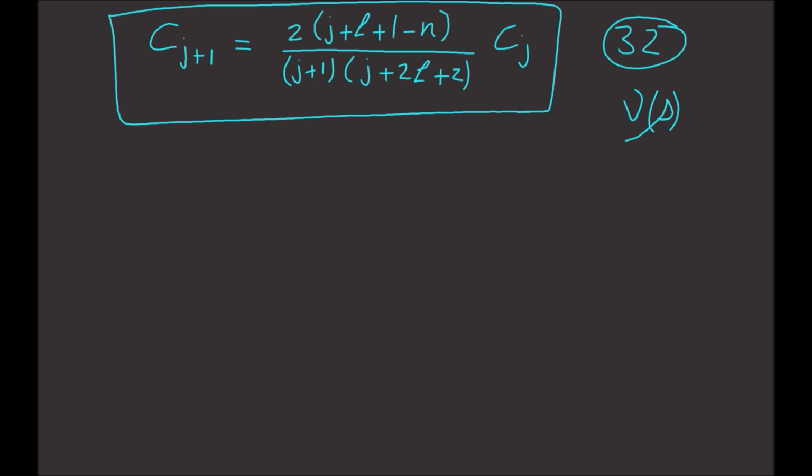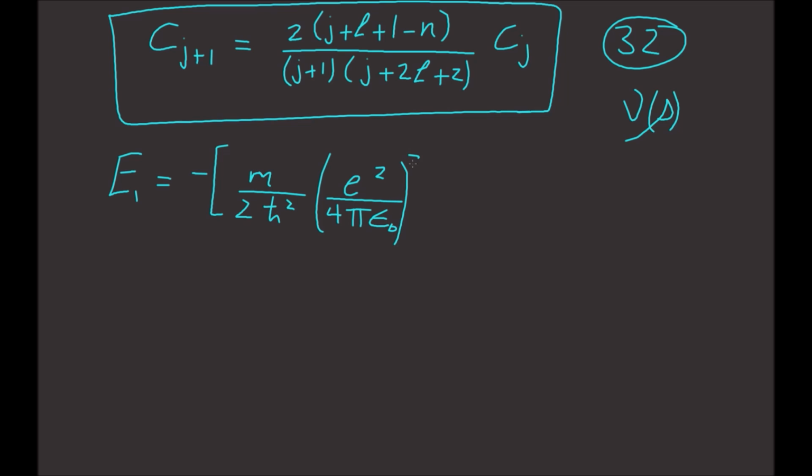But let's go back a minute and give you what E1 is. We defined it as m, the mass of the electron, divided by 2 times Planck's constant squared, times the charge of the electron squared divided by 4 pi epsilon naught, in parentheses squared. Take these numbers and plug them in.